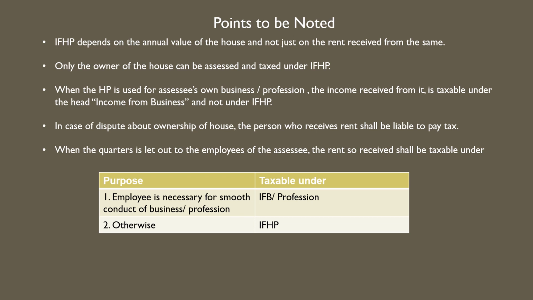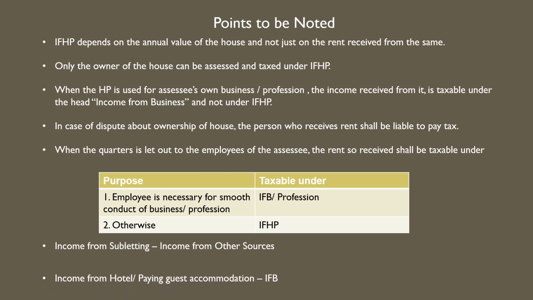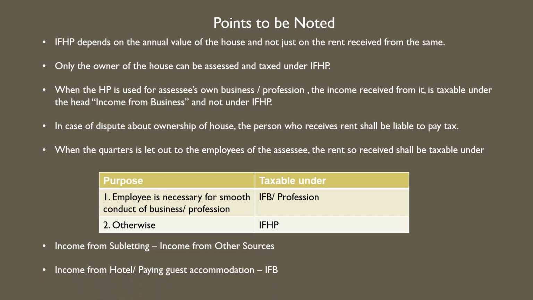Otherwise, it will be taxed under income from house property. Income from subletting will be taxed under income from other sources. Income from hotel or paying guest accommodation will be taxable under income from business.